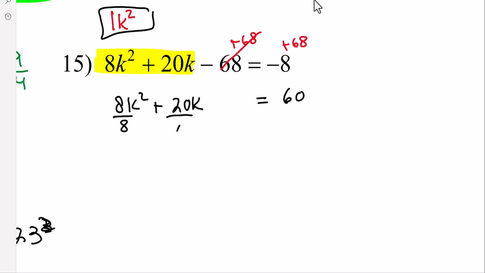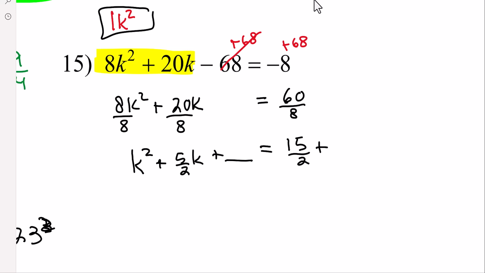So we have to divide each part by 8. So that gives us k squared, 20 over 8, they both have a 4 in common, so that would be 5 halves k. Now we can put plus blank. 60 over 8, they both have a 4 in common, leaving 15 halves, plus blank.